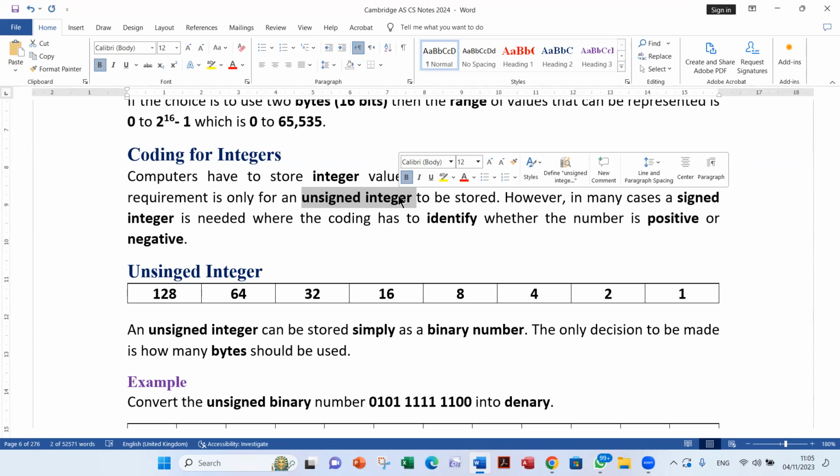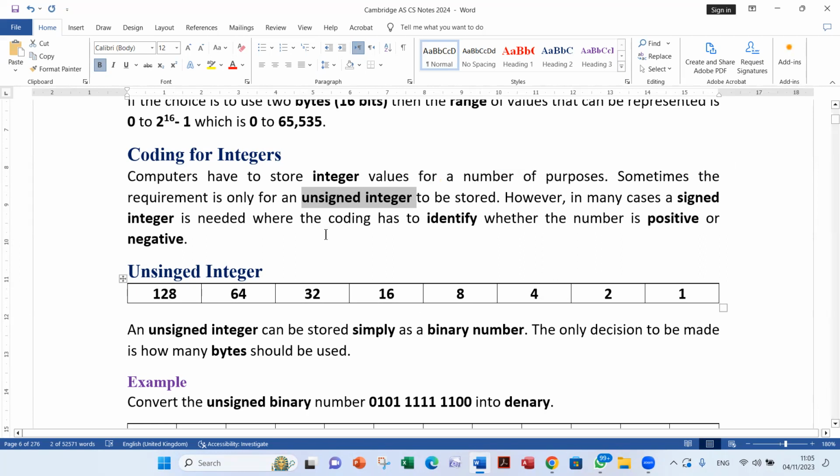However, in many cases, a signed integer is needed, where you need to put a sign, positive or negative, and the coding has to identify whether the number is positive or negative.